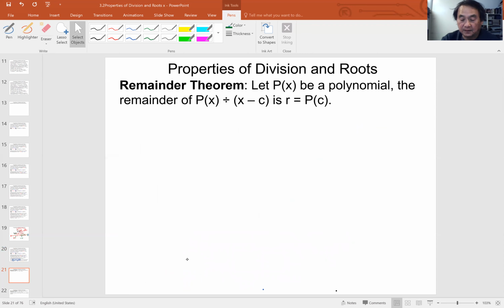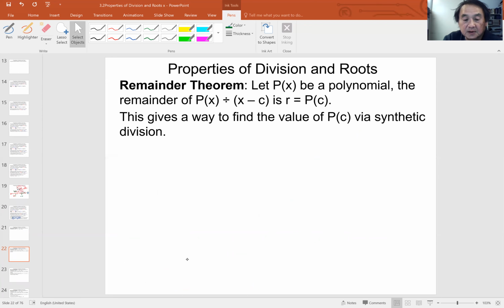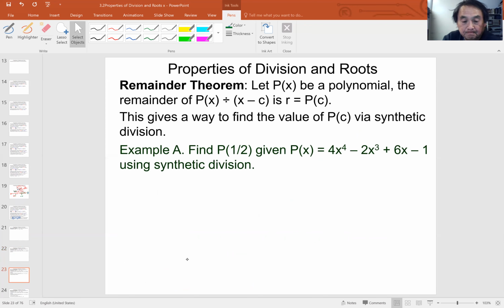Let's make this first of all a theorem statement. Plugging in is the same as the remainder we get in the synthetic division.